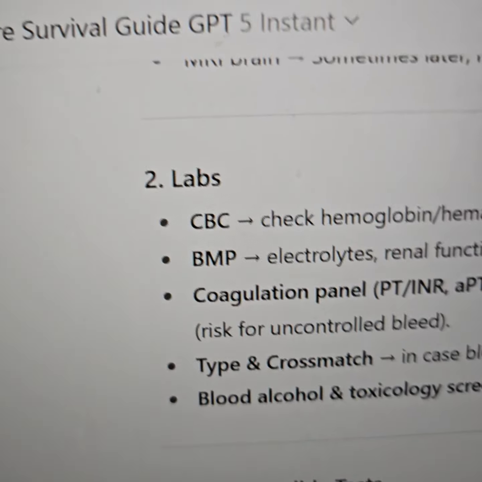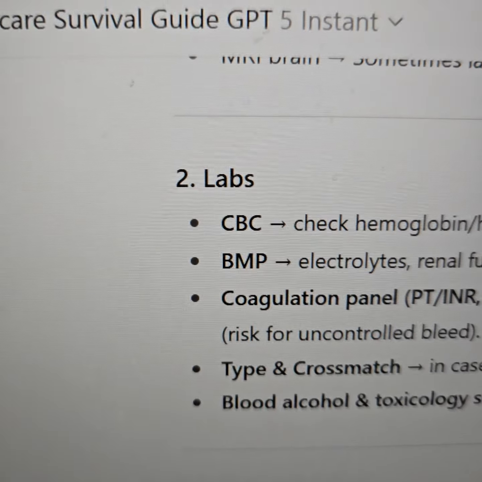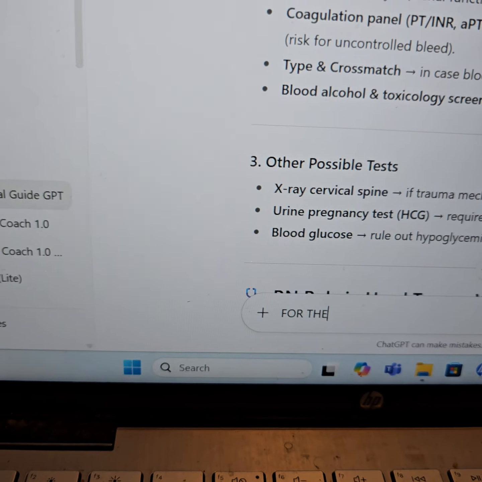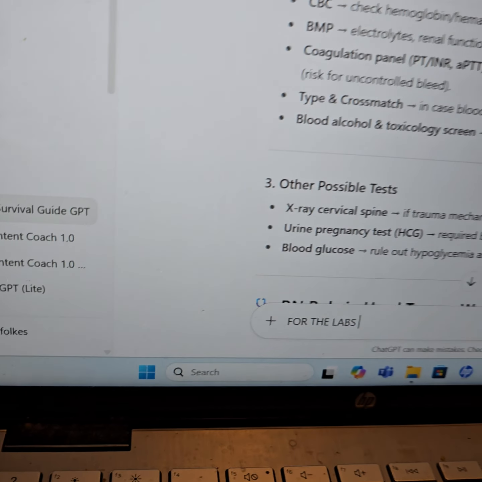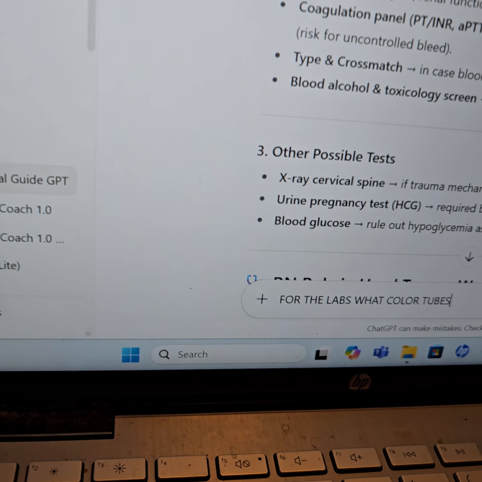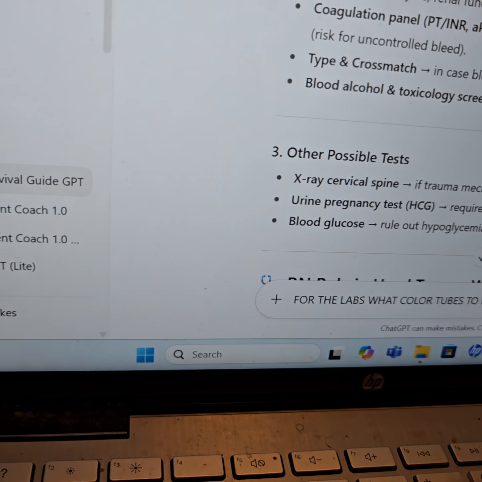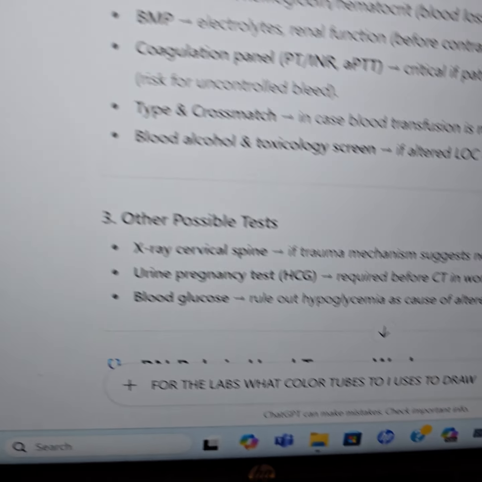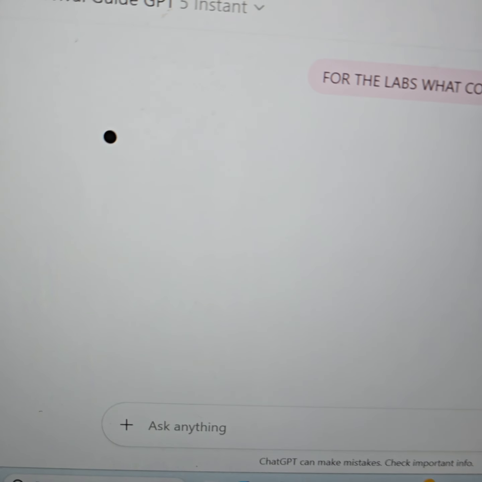But say you don't know what tube colors you're going to draw. So let's go to our friend here and ask for the labs: what color tubes do I use to draw? Say you don't know as an RN, LPN, whatever.